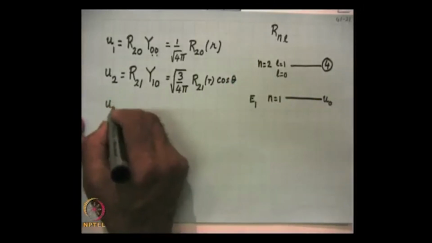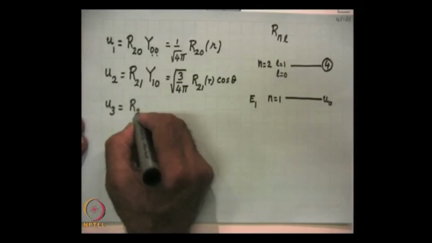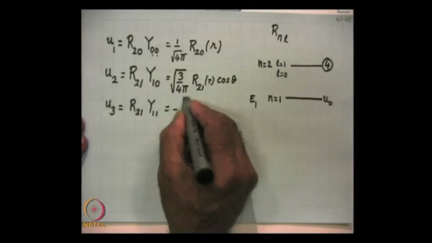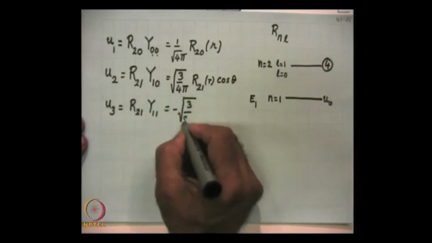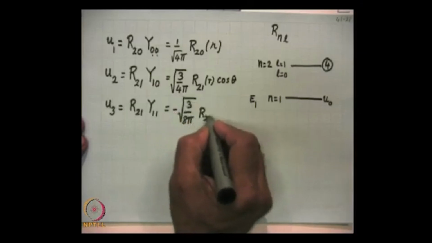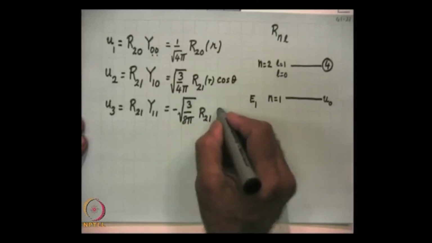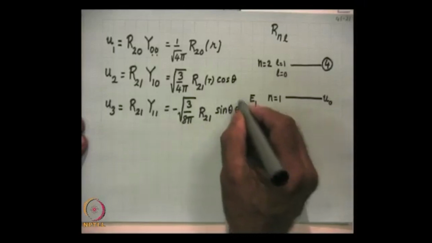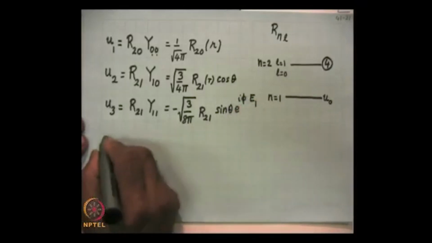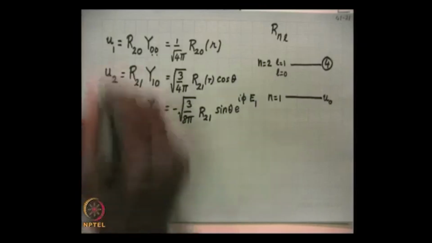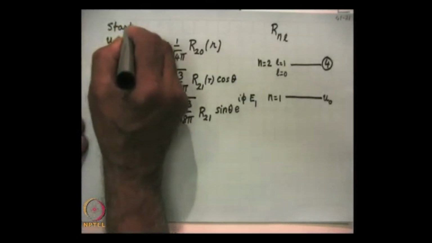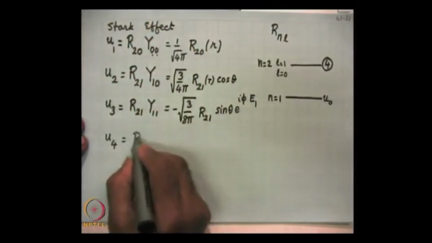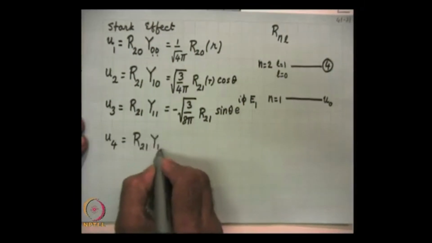And then you have another wave function, R21 Y11, and that is equal to minus under root of 3 by 8 pi R21 of r sin theta, and since m is 1, this is e to the power of i phi, and u4 is equal to, this is the Stark effect problem that we will be considering, Stark effect in hydrogen atom, R21 Y1 minus 1.